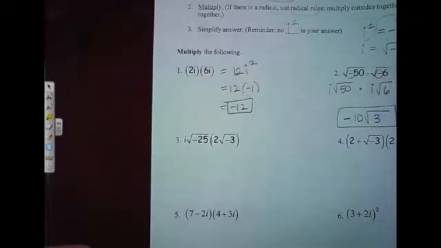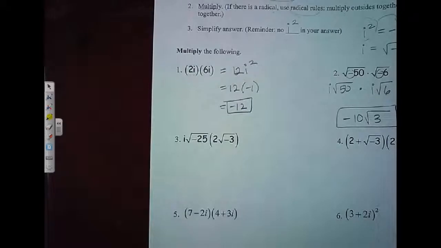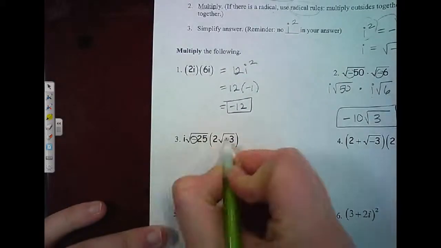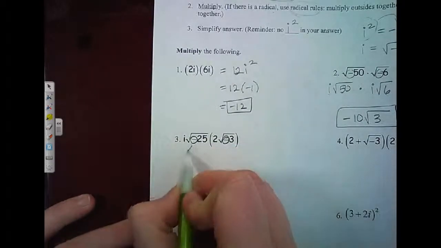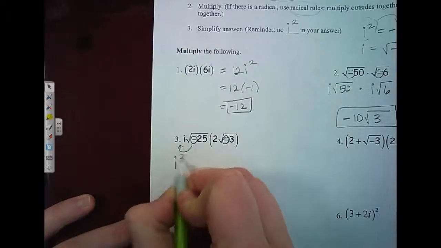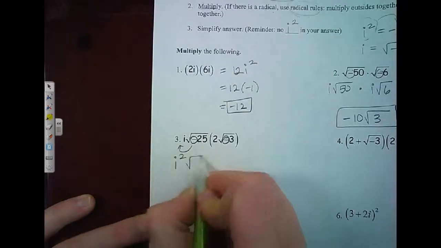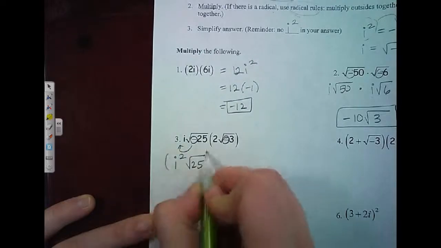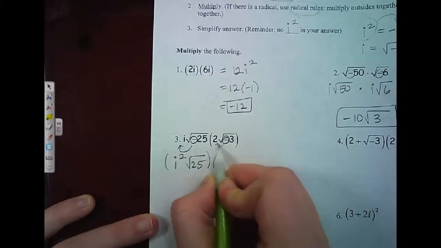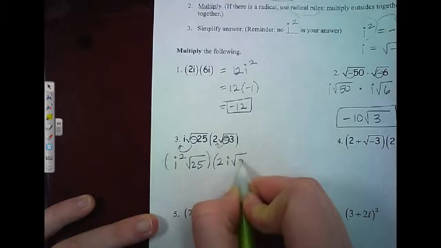Okay, number 3, we have radicals. So pull out the i first. So in this case, when I pull out the i, I have 2 i's. So I have i squared times square root of 25 times, when I pull out this i, 2i square root of 3.